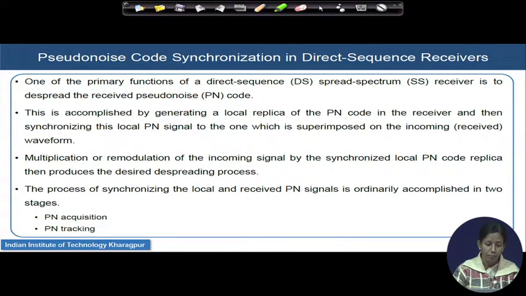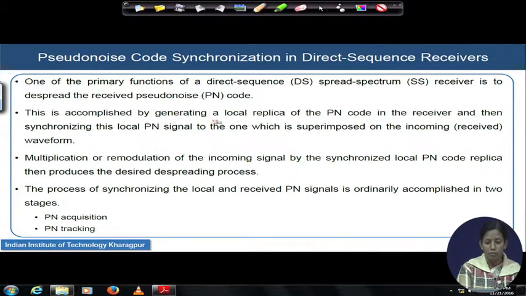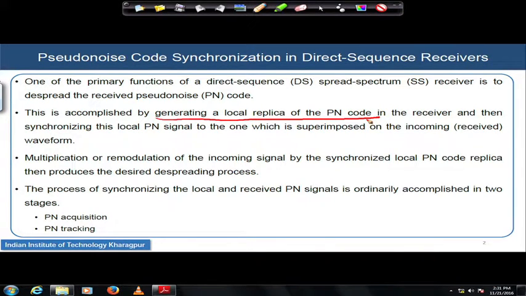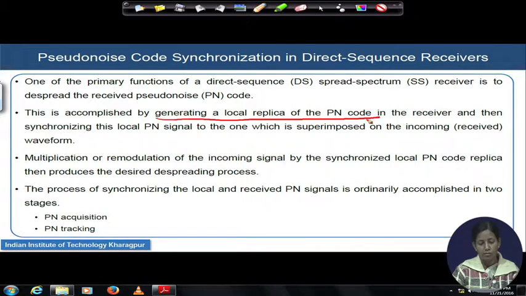So, code synchronization is performed basically by multiplying the incoming signal with a local replica of the PN code. Remember, this local replica of the PN code is generated locally inside the receiver, and so it is not coming along with the transmitter. Once we multiply the incoming signal with this locally generated PN sequence code, basically this is a remodulation of the received signal.